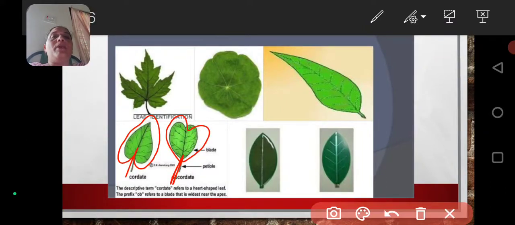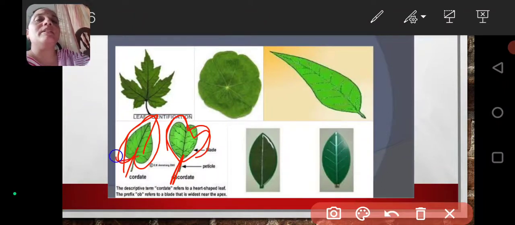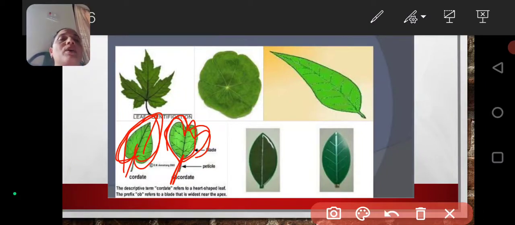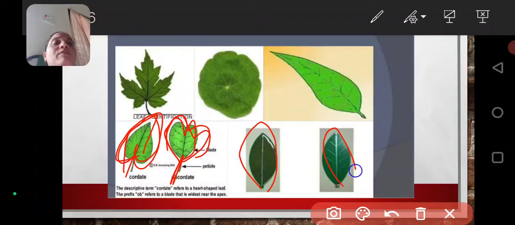So completely the obcordate is opposite from the cordate leaves. This is a cordate leaf and this is an obcordate leaf. This is a heart shaped leaf and opposite to the heart shape is called obcordate leaf. So this is the entire leaf margin.